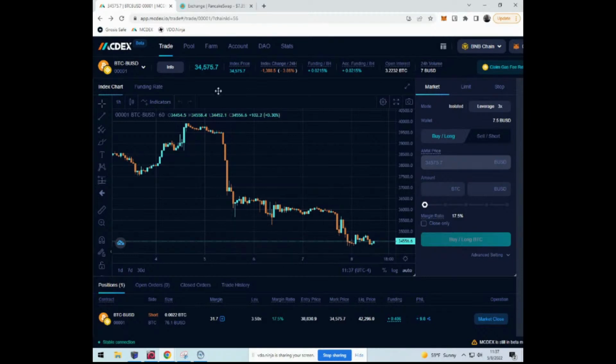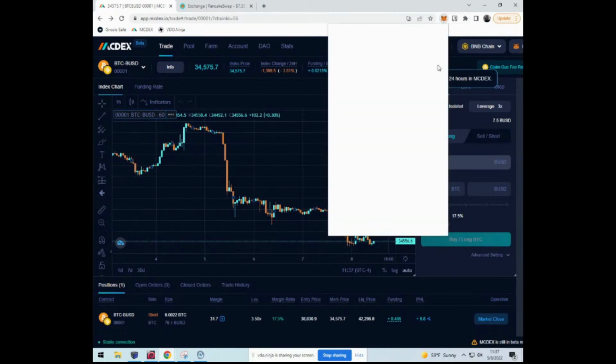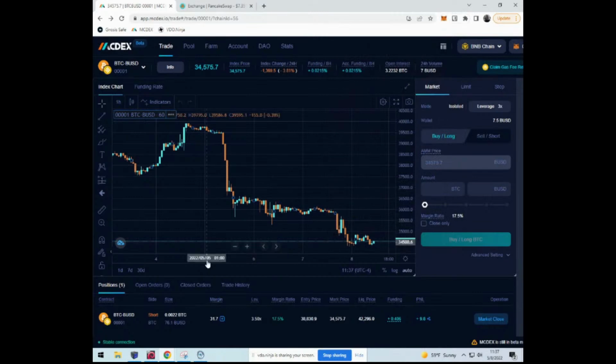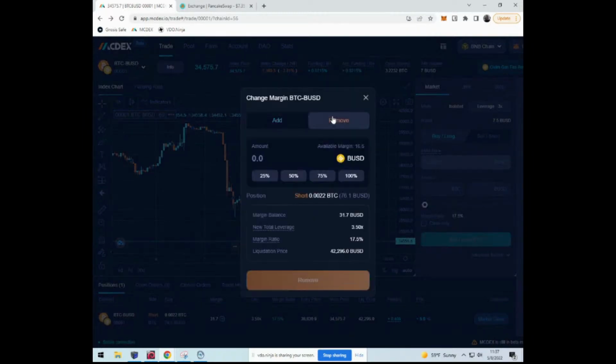So here we are again at MCDEX, Bitcoin USD market. And as you can tell on the hourly chart here, we are definitely still failing off. So first let's make sure my settings are right. Coolio, we're good to go there. So we'll come in here and all we have to do is hit this little plus icon, and it says we have 16.6 BUSD available.